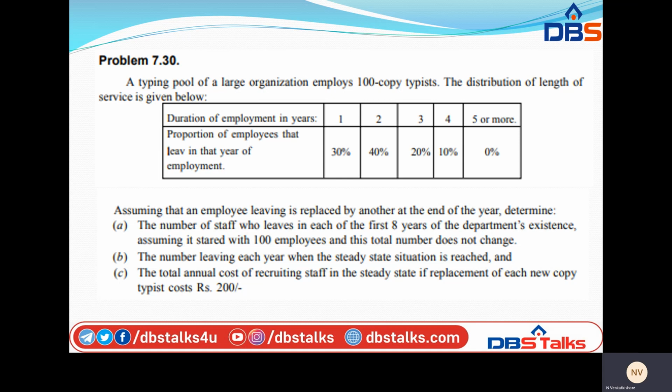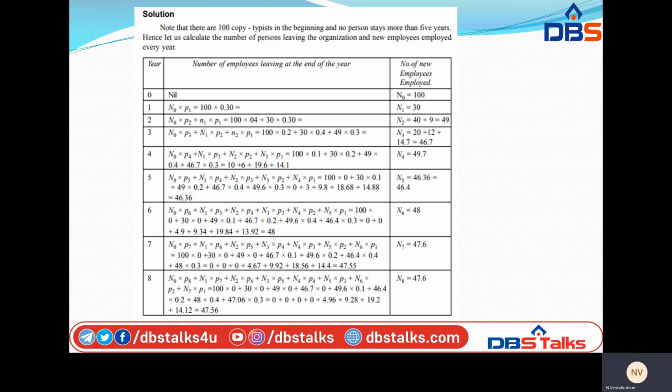That is 30% leaving the institution or organization. So n naught, originally they are 100. After 1 year, how many percent is left? That is the probability P1, which equals 30%. So 100 into 30 by 100, isn't it? 30%.